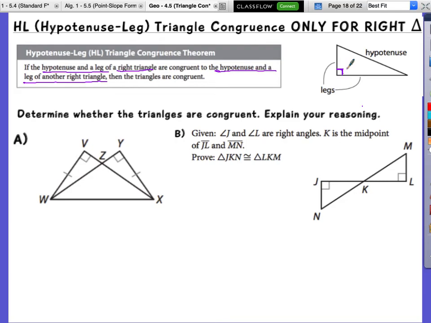Okay, so we have this triangle here, and this can be a little confusing, right? What's our trick when we have these triangles kind of put together? Split them apart. So if we're talking about hypotenuse leg, we're probably going to do the right triangles, right?